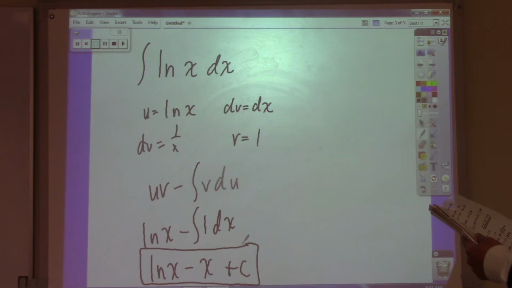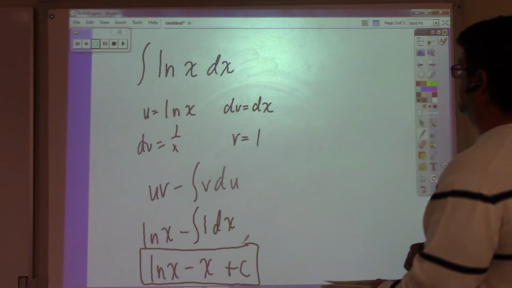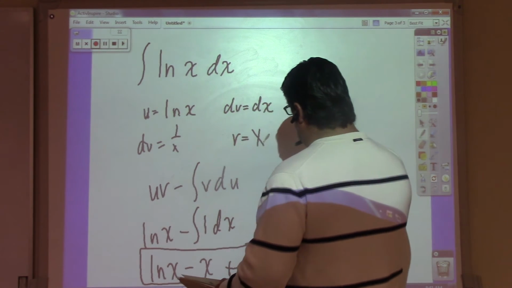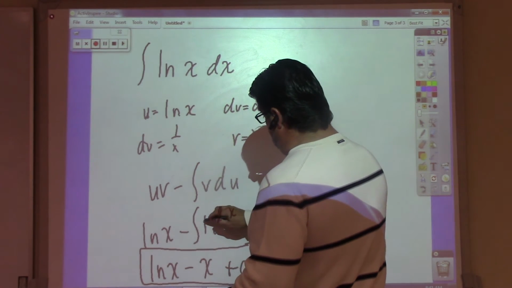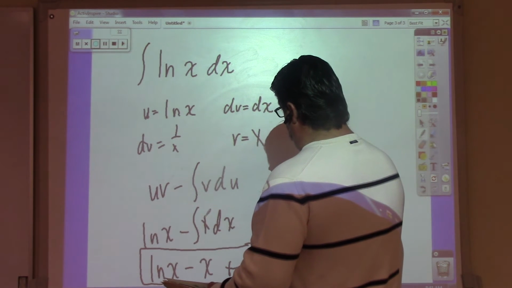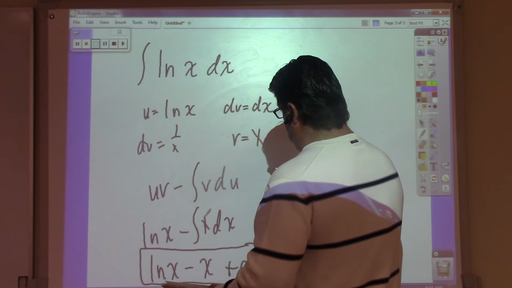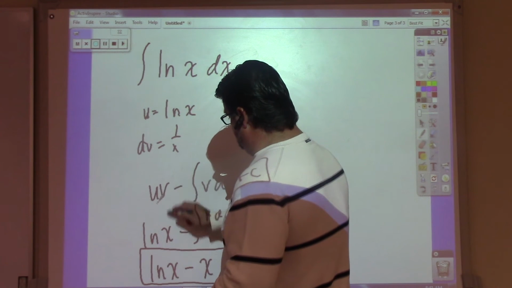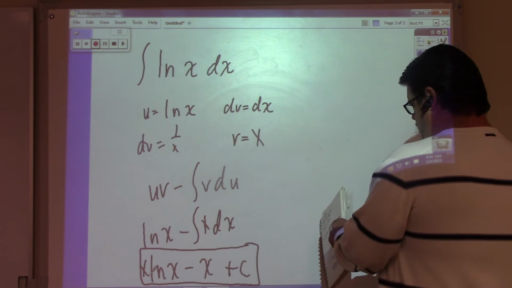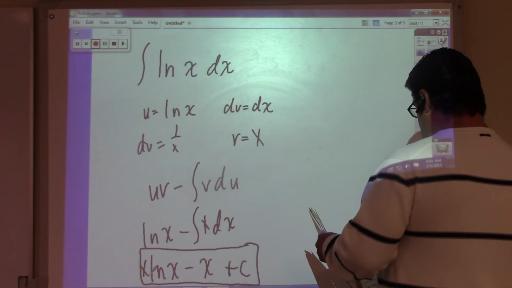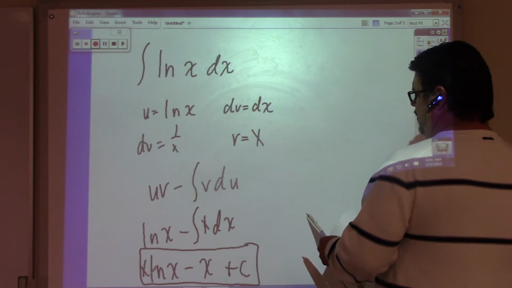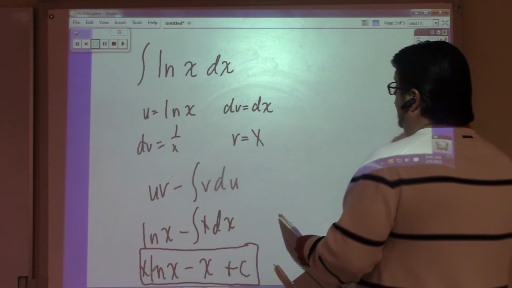You put a 1 for v. There it is. So that should be vx, right? That should be x here, right? Then that would be x squared, wouldn't it? There's an x there, but you have to multiply by 1 over x.